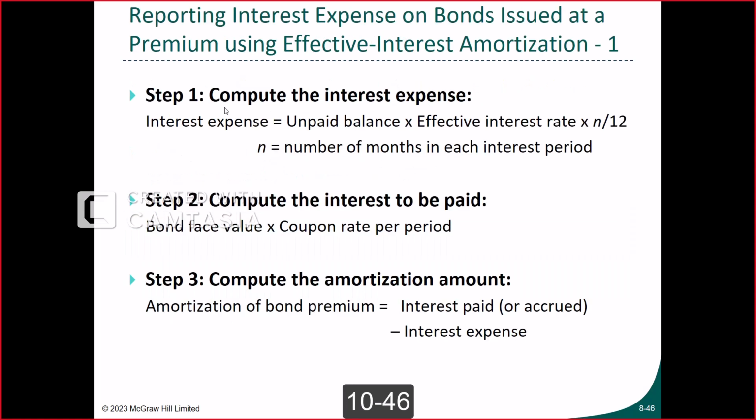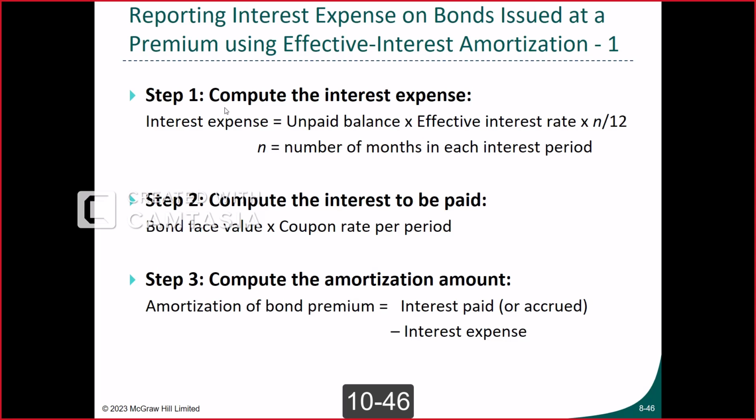So the rule is the same. The way you compute the interest expense is always the same: the unpaid balance, or the last updated carrying value of the bonds, multiplied by the effective or the market rate. The cash interest is computed always the same way, the face value or the principal times the coupon rate, and the difference is the amortization of the premium.